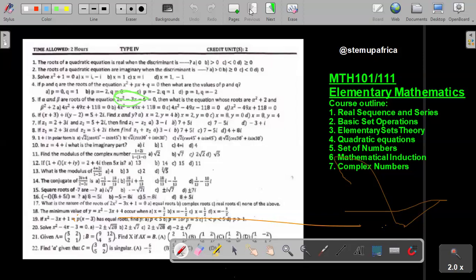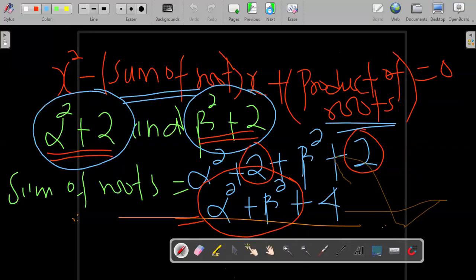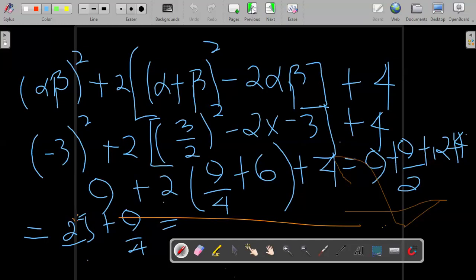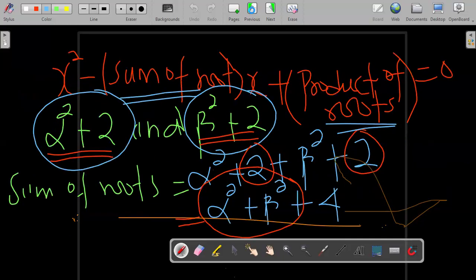Although we don't have 109 there, let me check again. Is it 109 we got? Yes, 109. This is 16 plus 9, that is 25. 25 times 4 is 100. So it ought to be 109. Yes, I'm right, it ought to be 109.